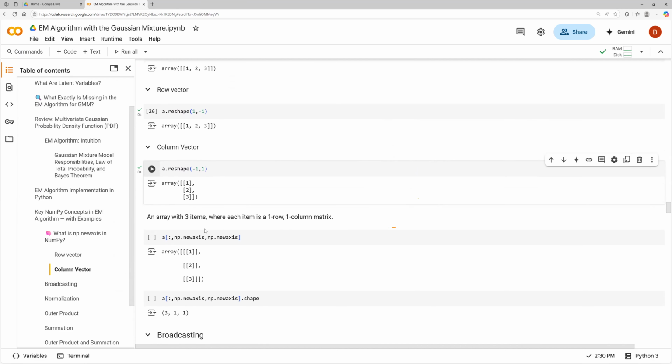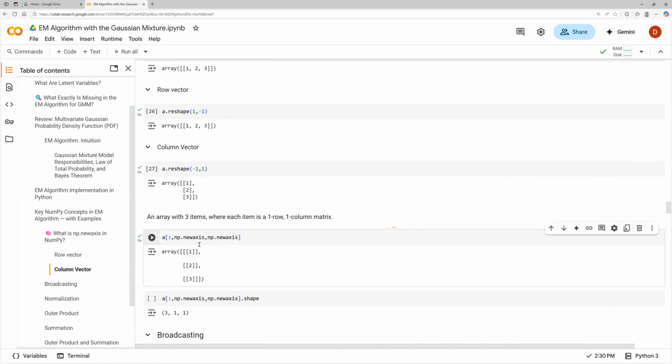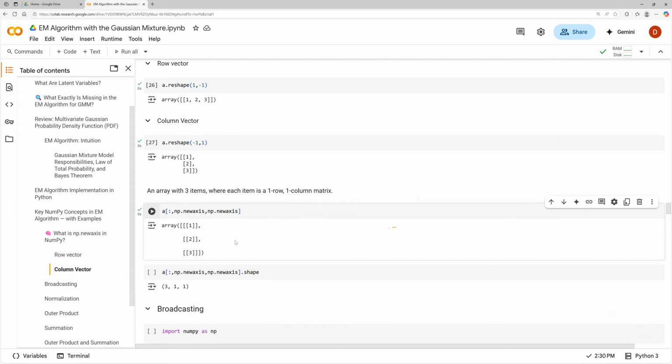Now, here's something that we do to transform it into 3 dimensions, okay? You're going to see something like this. And this is an array with 3 items where each item is a 1 row, 1 column matrix, okay?